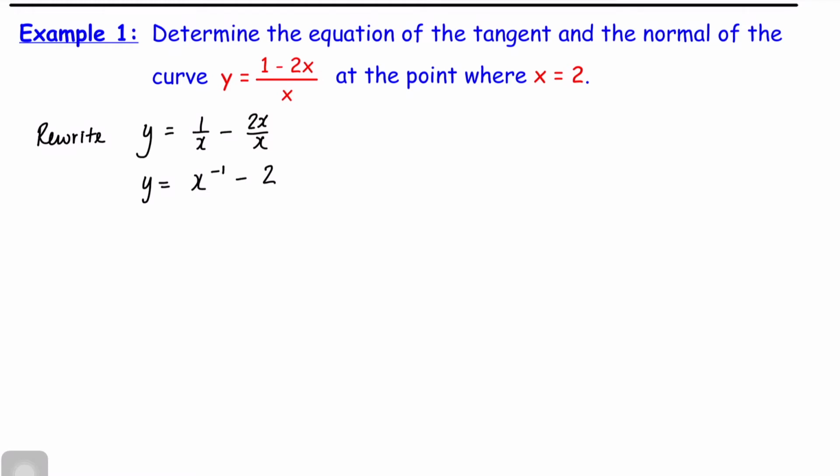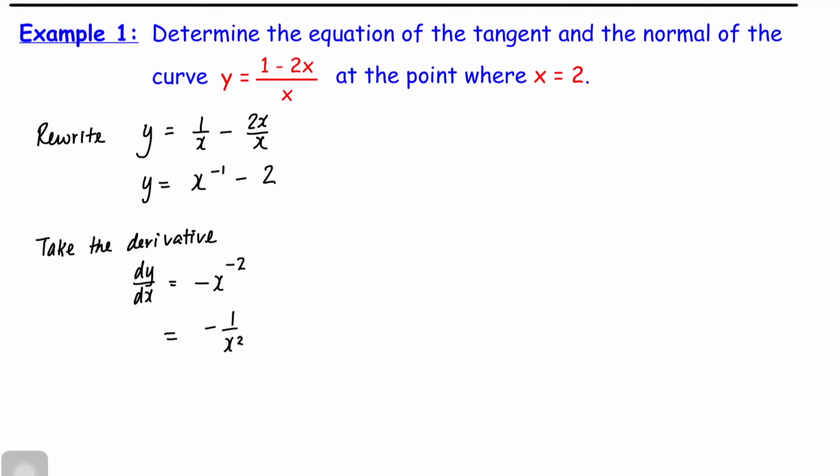Okay. So let's take the derivative. We can either use the dy by dx notation or the y prime notation. We have negative x to the power of negative 2 minus 0. So we can skip that. Or if you prefer, negative 1 over x squared.